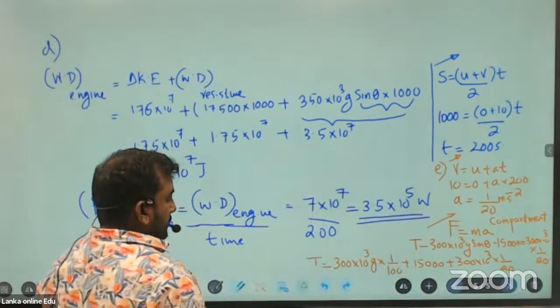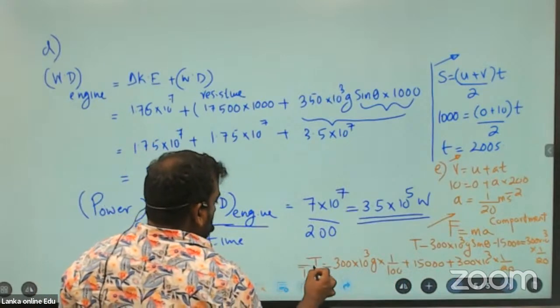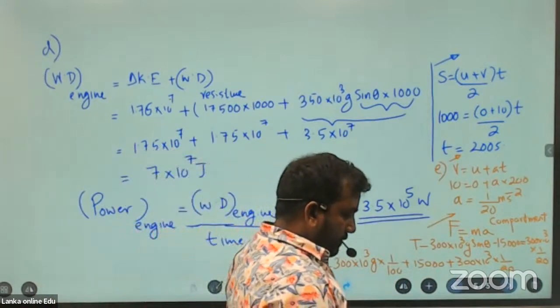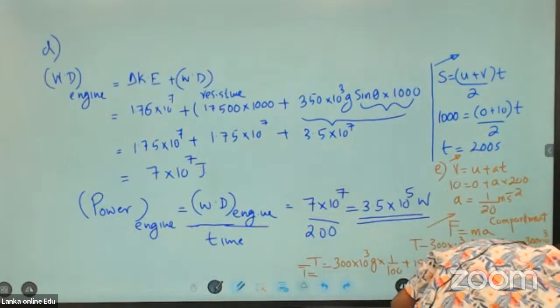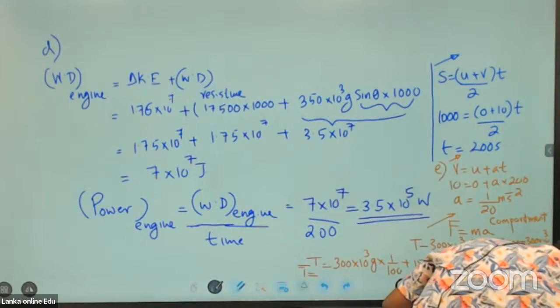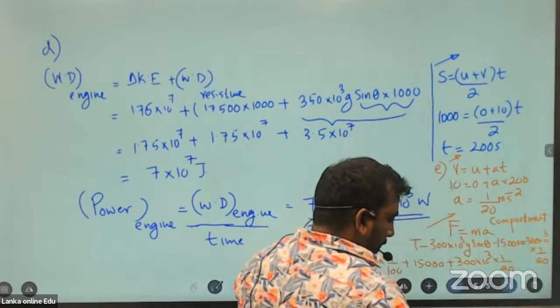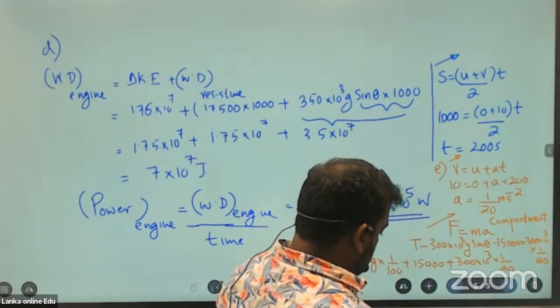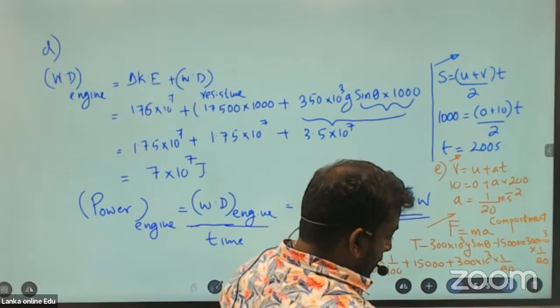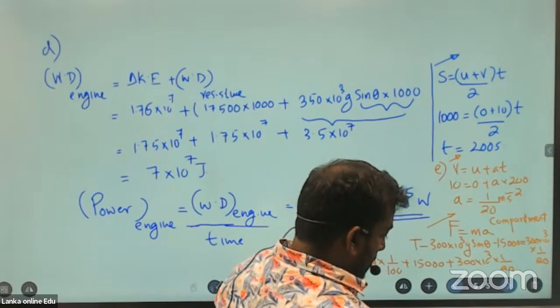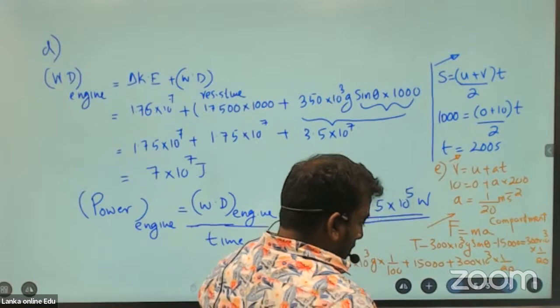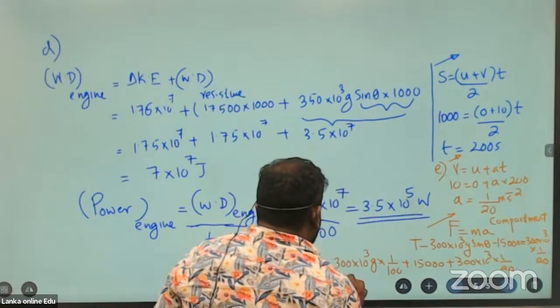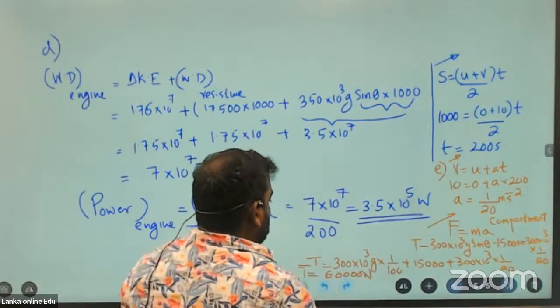Simplify this and the tension in the cable can be found: 60,000 newtons. There you go.